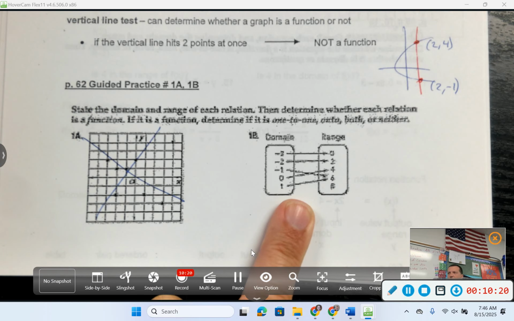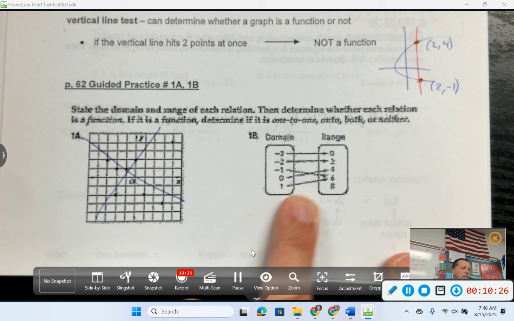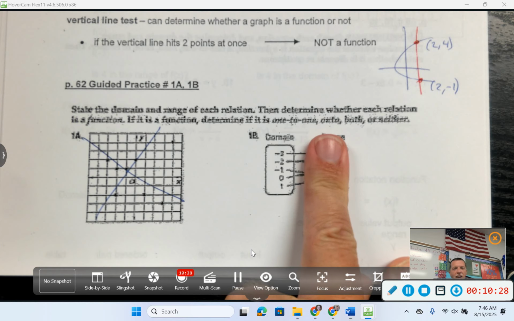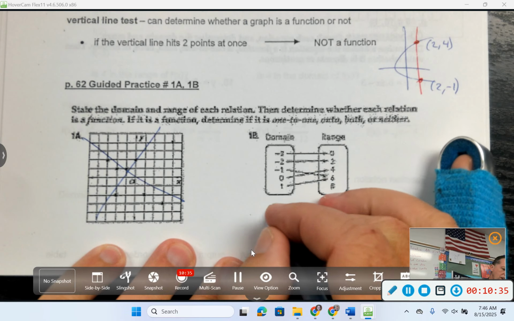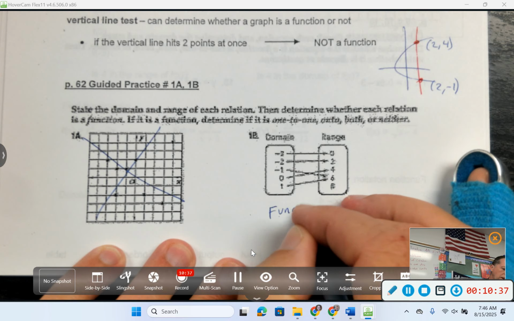Is that a function? Uh-oh. Is it a function? Yes. If I hit a button, do I know what I'm going to get? No. Yes. Oh wait, yeah. It's a function. Any button I push, I'm going to get exactly one output.